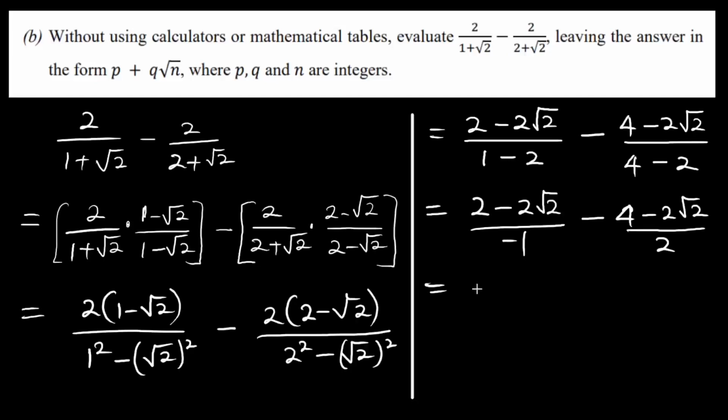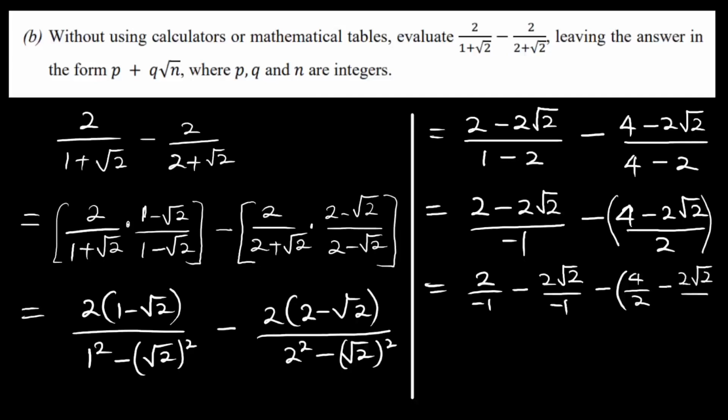So this can be 2 over -1 minus 2 root 2 over -1, minus, I'm going to put this in a bracket. Whenever you have a negative sign like this, it is always advisable to put it in a bracket. So this is going to be 4 over 2 minus 2 root 2 all over 2.